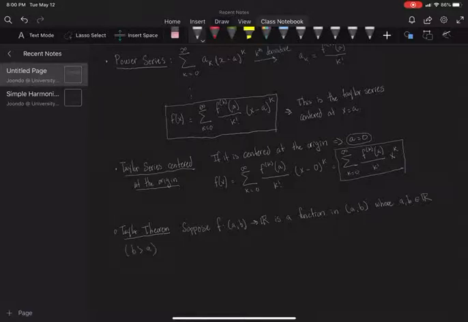No surprise there. Assume that the function f is k times differentiable.